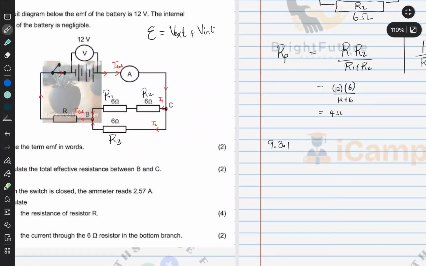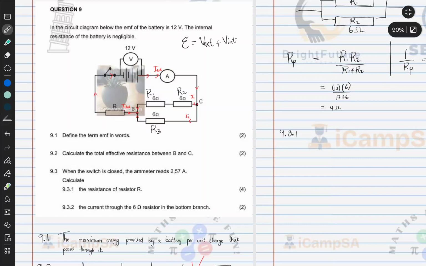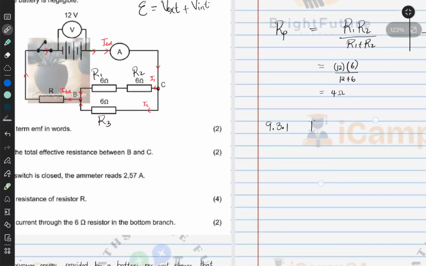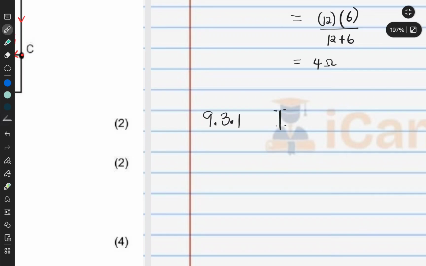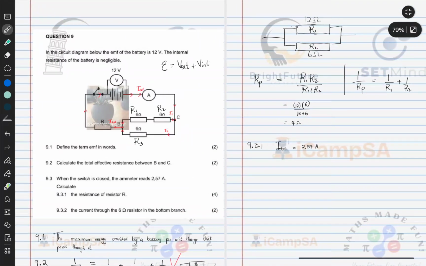Right, it's always good practice to just pause the video and check how you would do some of these questions before I do them. Right, so now if you look at it, we are told that our I total is 2.57 amps.